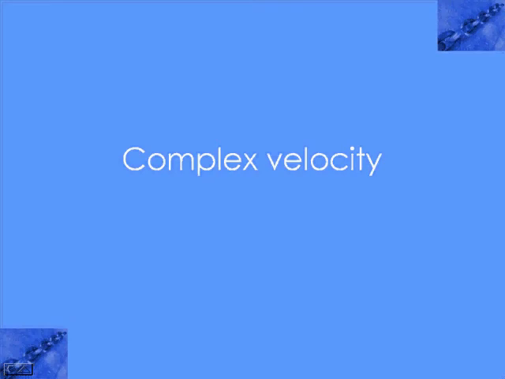I will briefly explain the idea of complex velocity based on a simple example. For any analytic function, the derivative of the complex function omega with respect to z will give us a complex velocity.